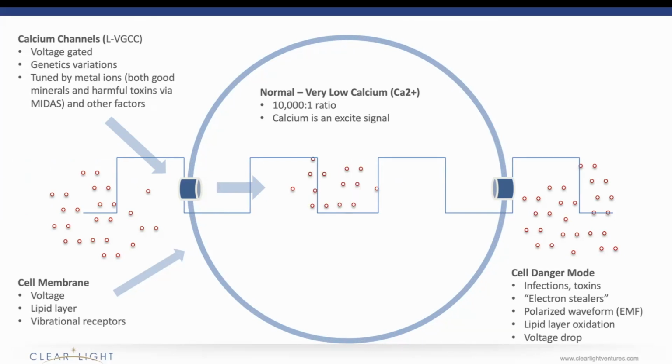When the cell membrane is thinner like this, it's actually even more susceptible to EMF. So we can get what we call false calcium channel signaling. It's like a false excite signal. And it can raise peroxynitrite, which is a nasty free radical. And it then creates oxidative damage, and potentially even mitochondrial damage, DNA damage. And this is called excitotoxicity.